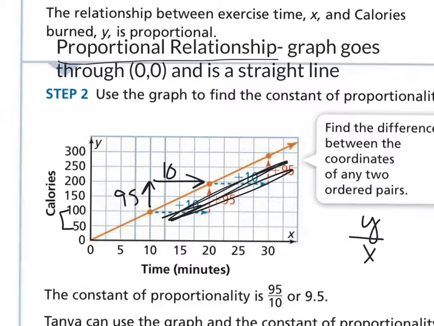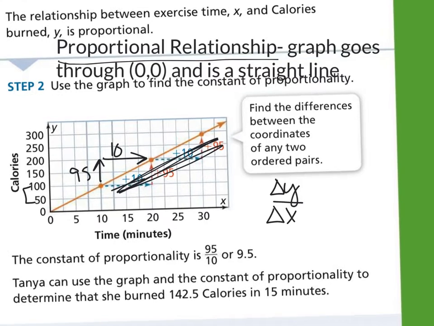Something of a preview, don't worry about it too much at this point, but a preview for later: even if it's not proportional, we can look from one point to the next if we have a straight line. This little triangle means a change. So change in y over change in x. Okay?